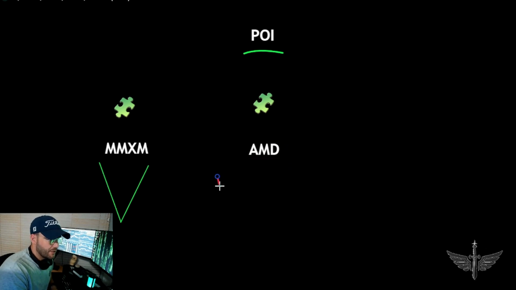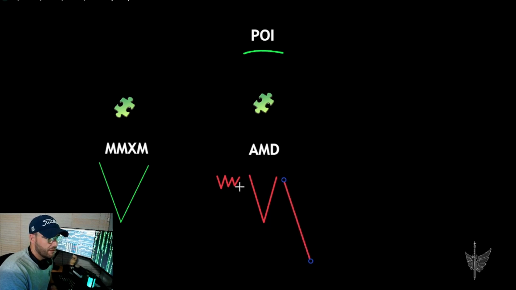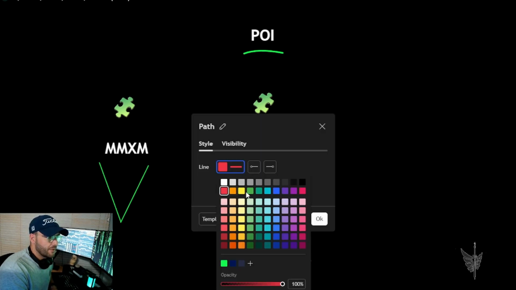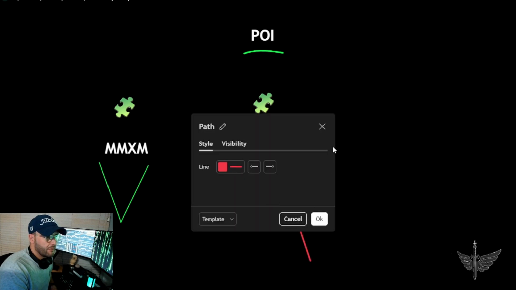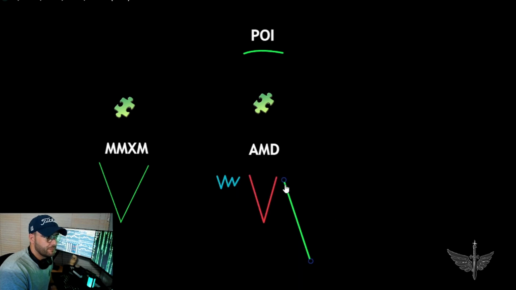Let's quickly draw that out. Accumulation, manipulation. Lastly, let's say distributed on down. Let's make that one blue, red is fine, this one green. Awesome.